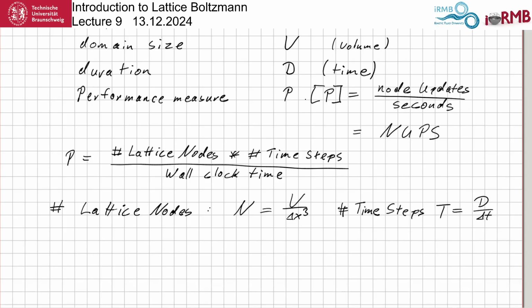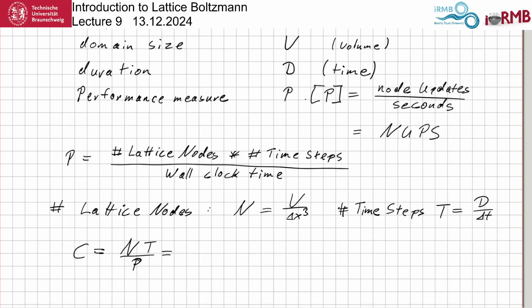So then we can define the cost of our simulation as the number of nodes times the number of time steps divided by our performance.